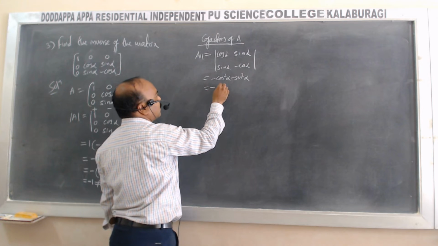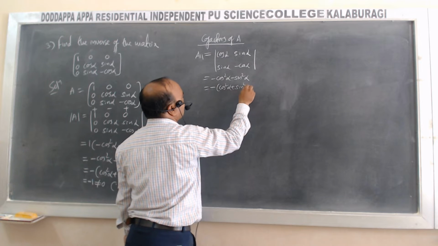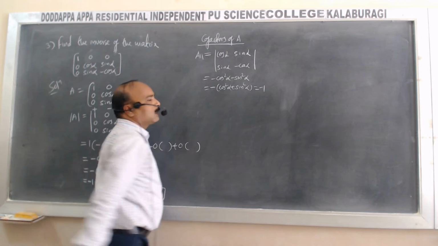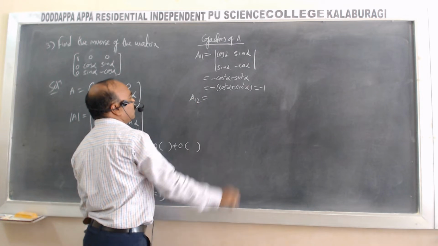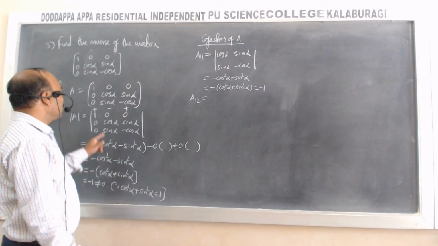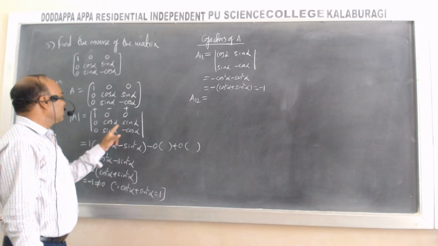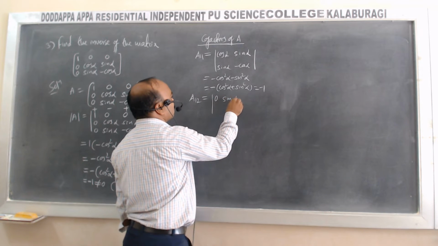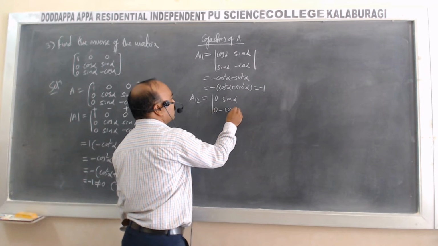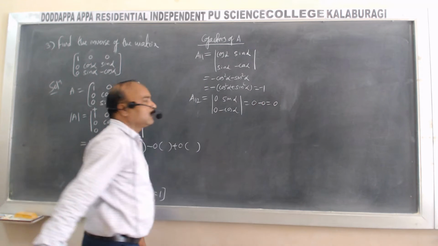It is minus of cos square alpha plus sin square alpha. It is minus 1. Next we go for the second element A12, that is the cofactor of 0. Deleting this column and this row, you get 0 sin alpha, 0 minus cos alpha, answer is 0 minus 0 equal to 0.